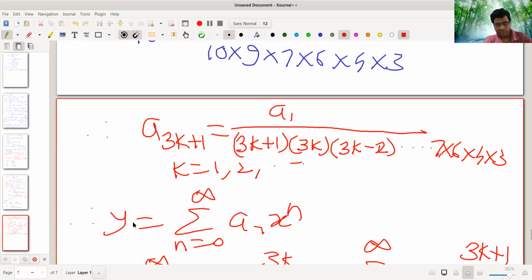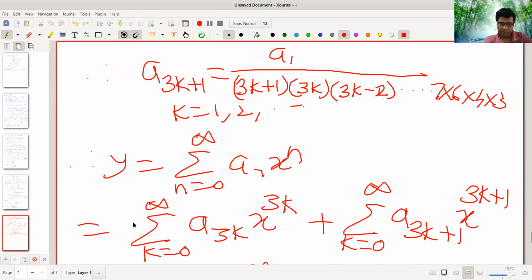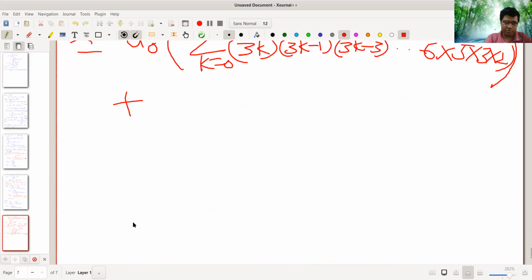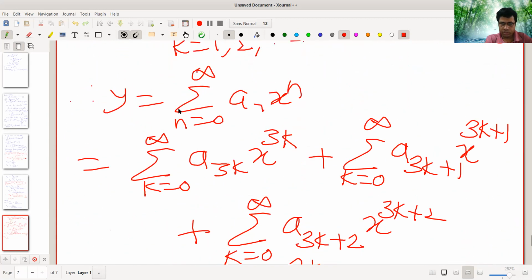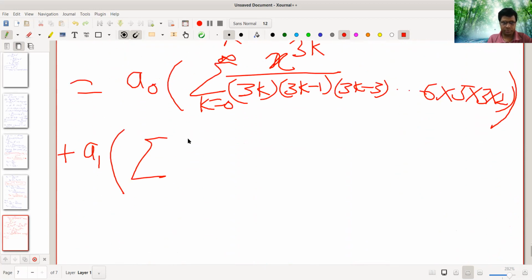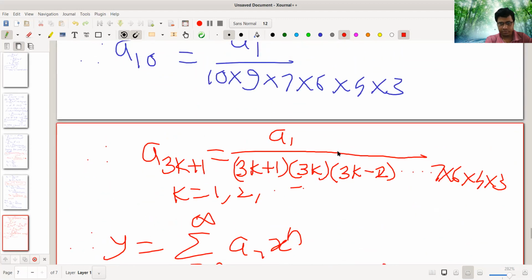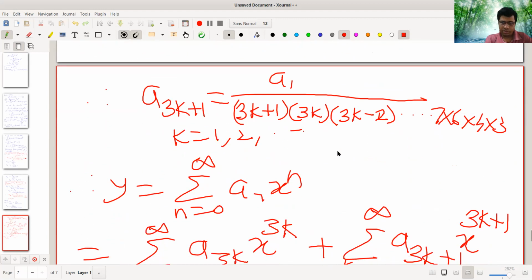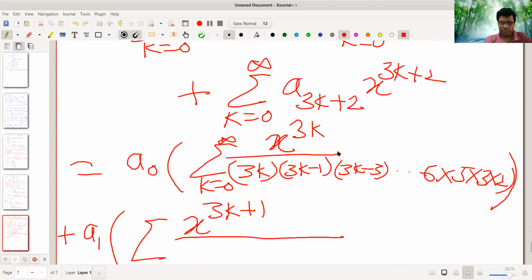The second term is a3k plus 1. It is in terms of a1. A1 is constant. It will appear everywhere. So plus a1 into the sum, numerator is x raised to 3k plus 1, denominator is 3k plus 1, 3k, and so on.